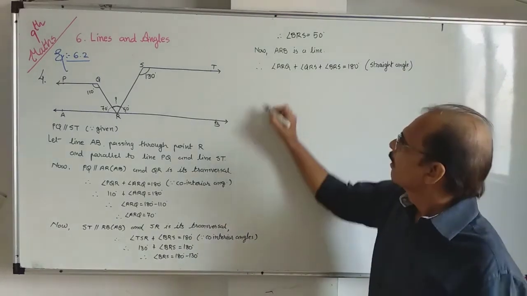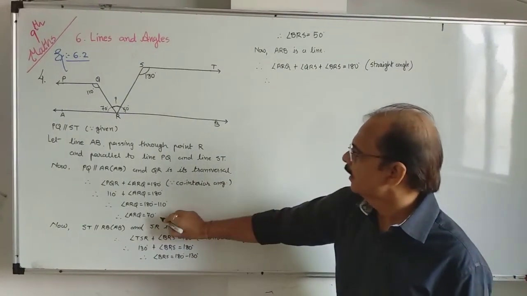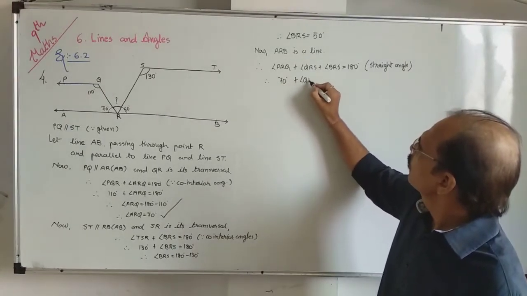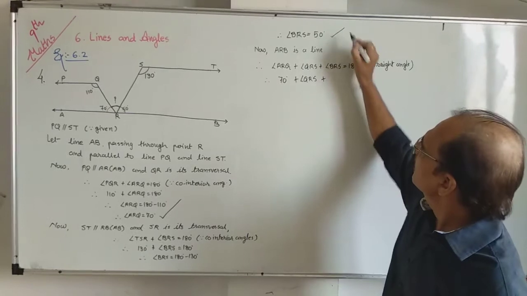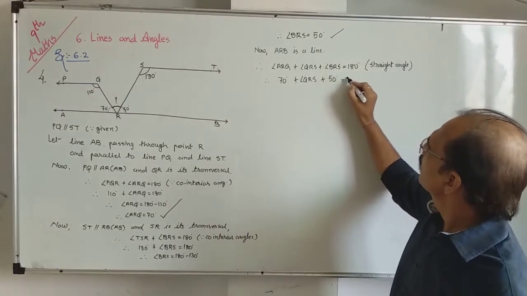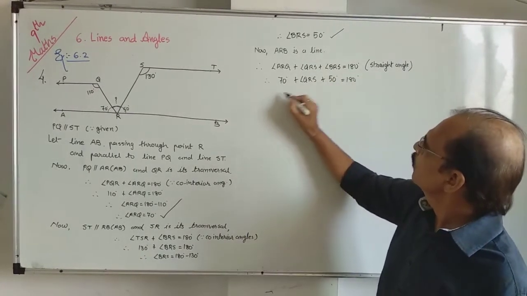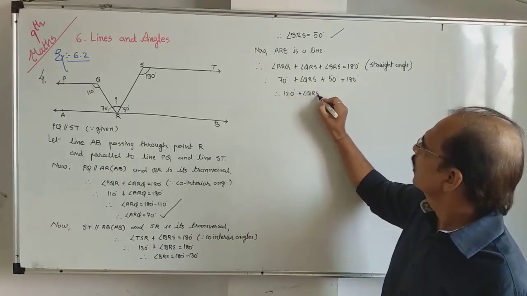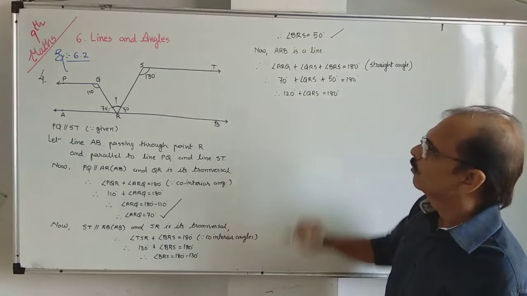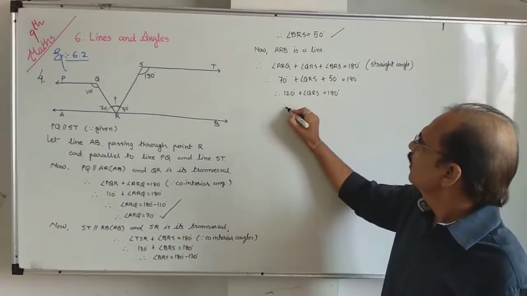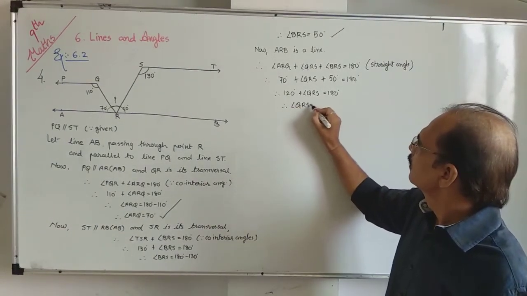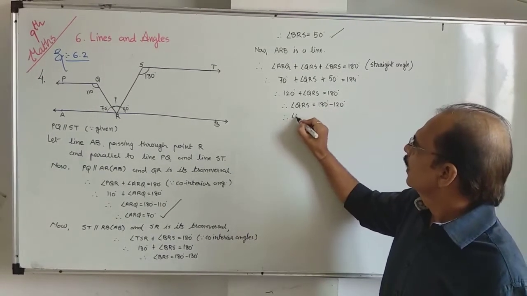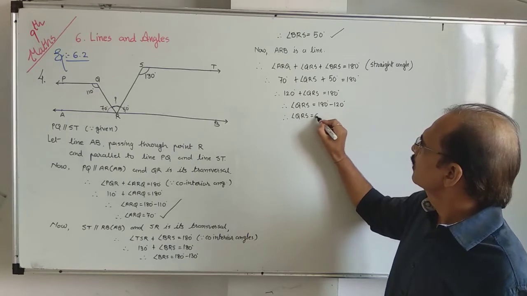Okay? ARQ is 70, QRS we want to find, BRS is 50. 70 plus 50 is 120, plus QRS equals 180. Moving 120 to the other side, 180 minus 120, so angle QRS equals 60.